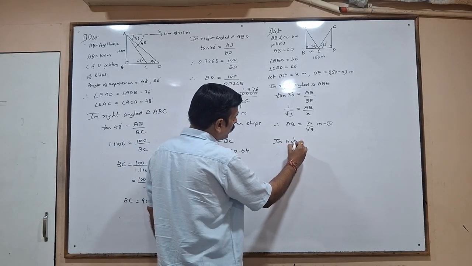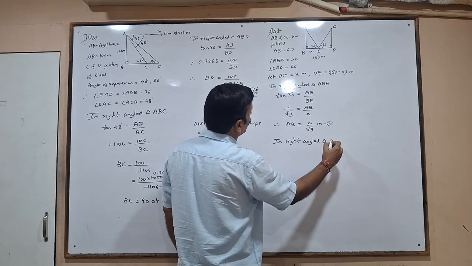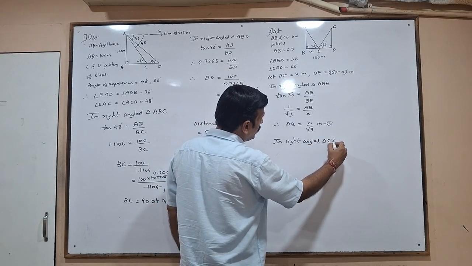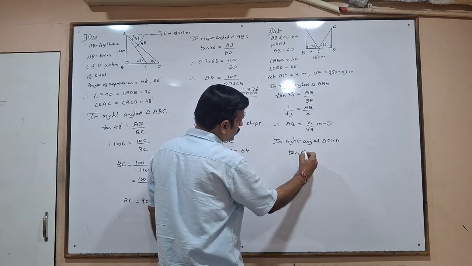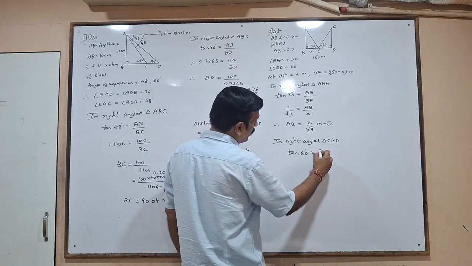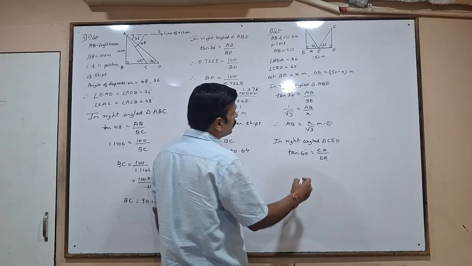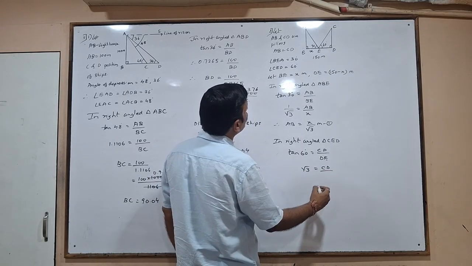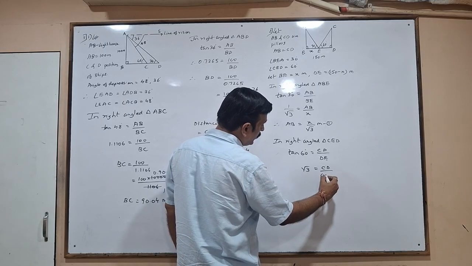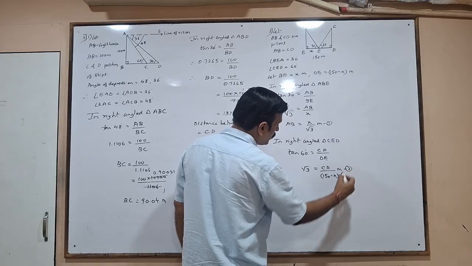In right angle triangle CED, tan 60 again will be perpendicular side upon base, which is root 3, CD, and DE is 150 minus x meter.